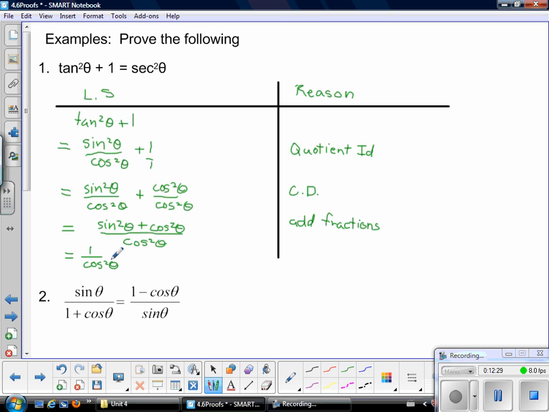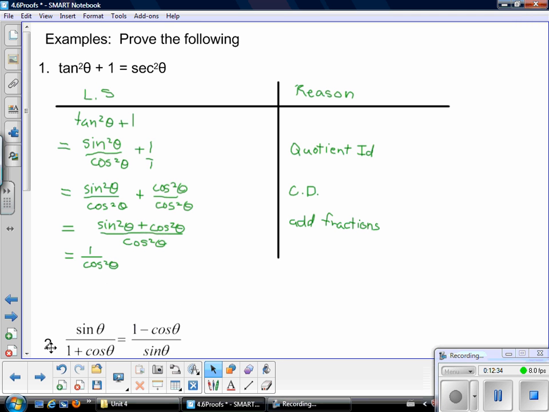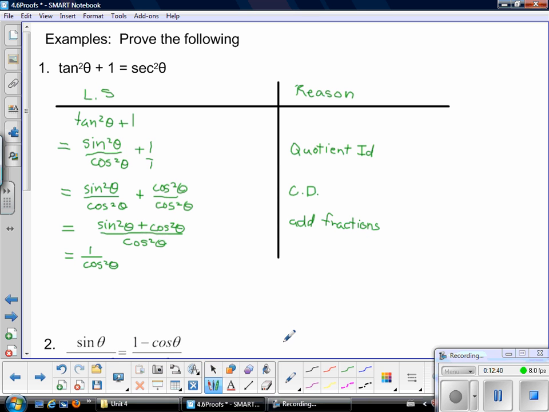And why could I do that? Because that was the Pythagorean identity. To the side, I'm going to put Pyth ID, so I don't have to write out Pythagorean.